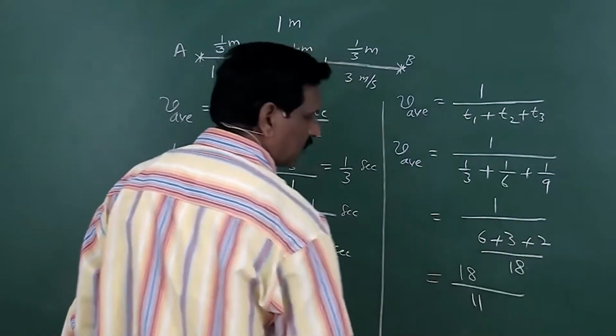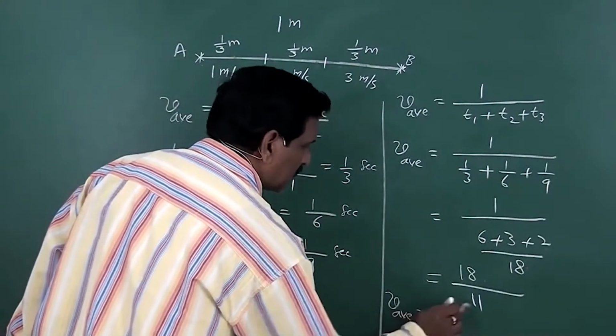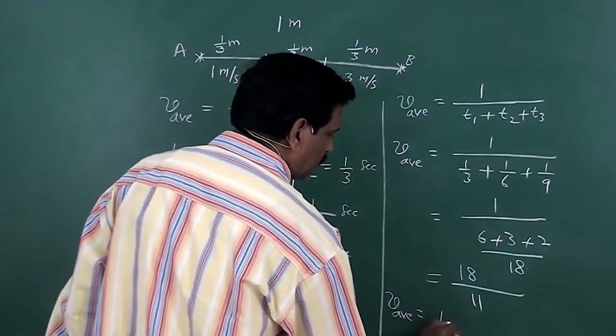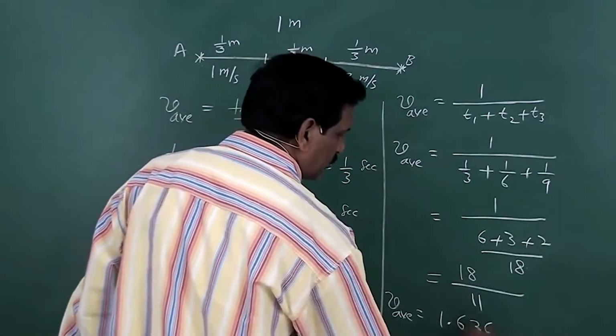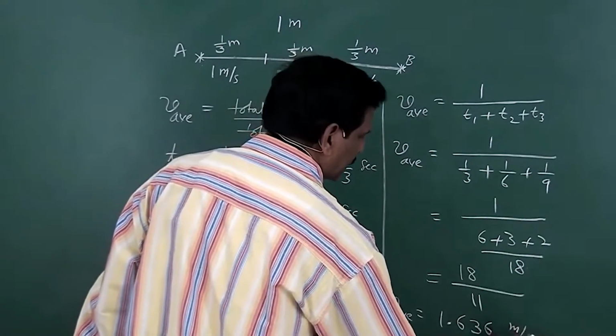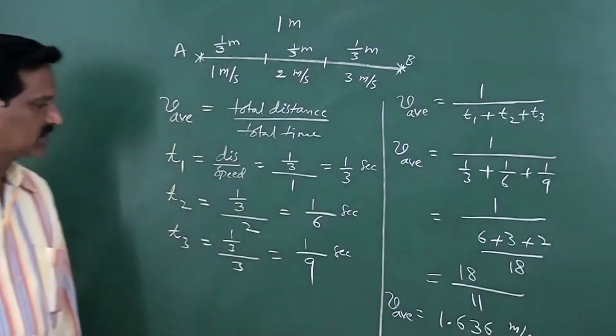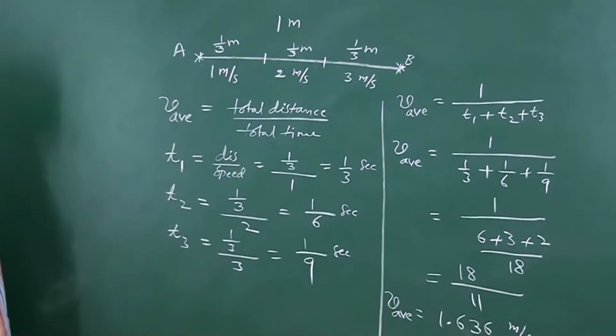This is 11. So 18 by 11. Hence V average is equal to 18 by 11, which is approximately 1.636 meter per second. So this is the average speed in this case.